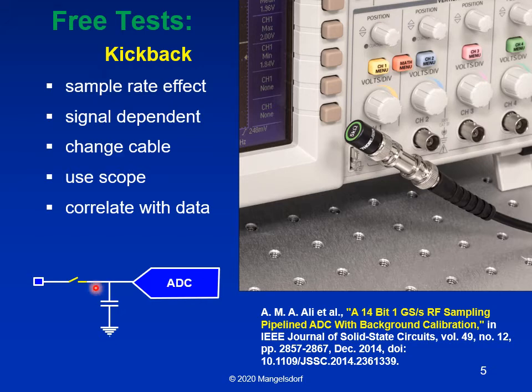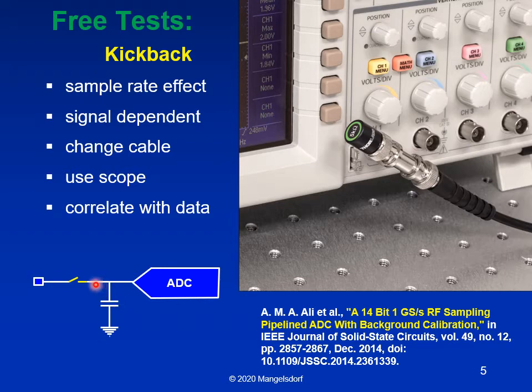The problem happens when you reconnect the switch to take the next sample. Now, in that time, the input may have changed, and so there's a pulse of current that goes through the switch as the sample capacitor here takes on the new value.